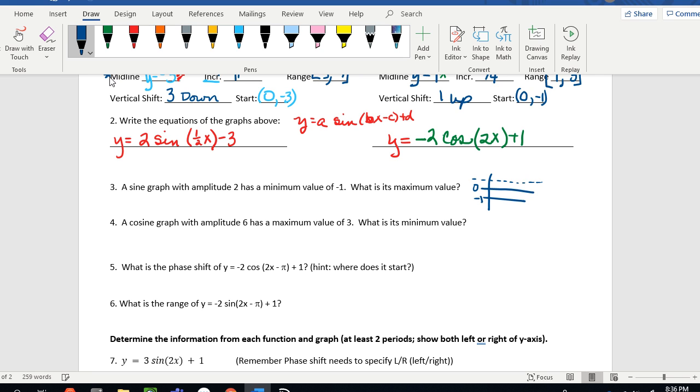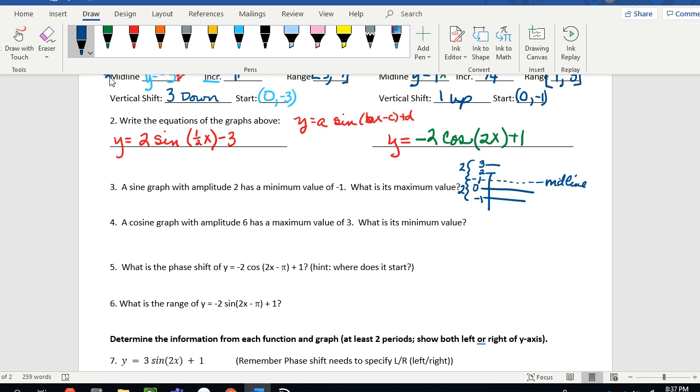So your midline would hit here, and it goes up 2 more. So your midline's at 1, and you go up to a line at 3. With an amplitude of 2, that comes out 2 in each case.